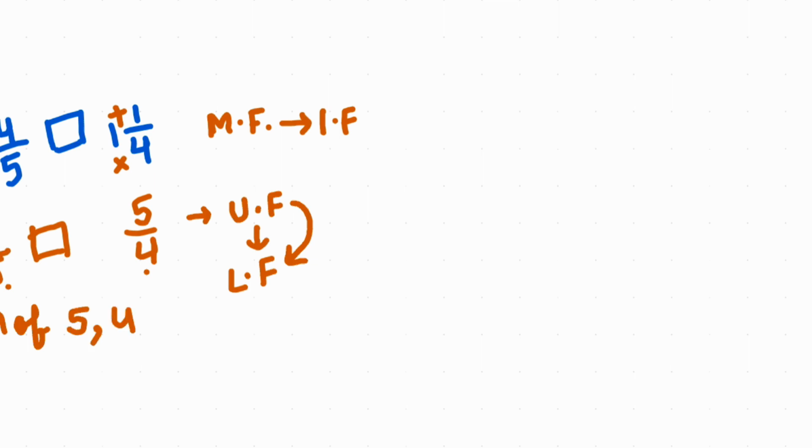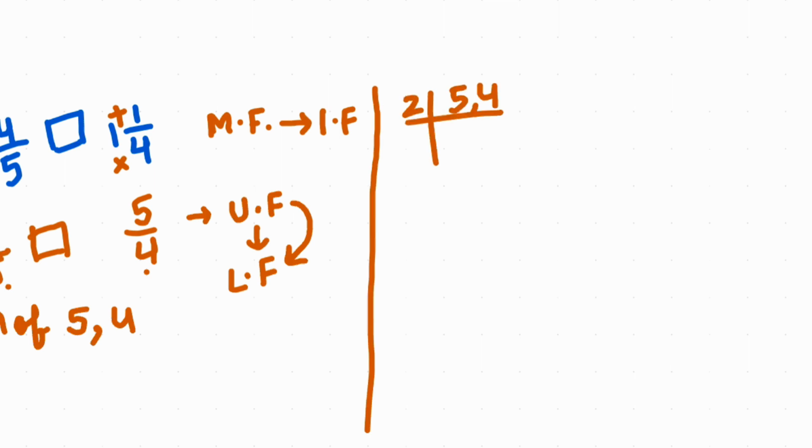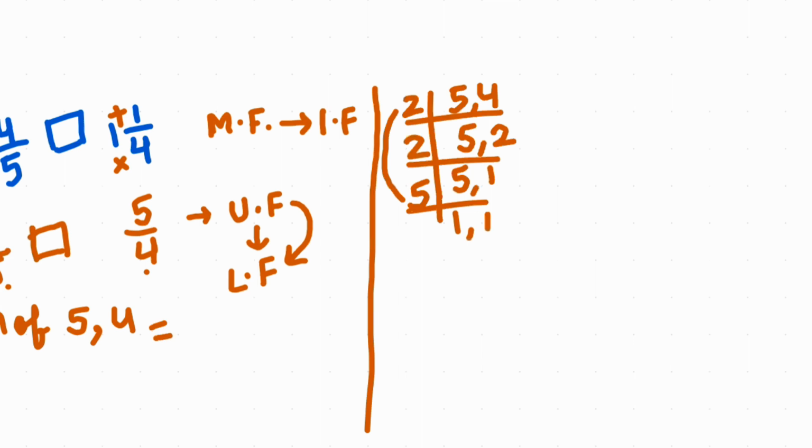Let's take the LCM. 2 2s are 4. 2 1s are 2. 5 1s are 5. Now we will multiply these numbers. 5 2s are 10. 10 2s are 20. So the LCM is 20. Now what will be the next step? We have to make the denominator 20. So take the first fraction 9 by 5. Take the second fraction 5 by 4. We want the denominator 20 in both cases.